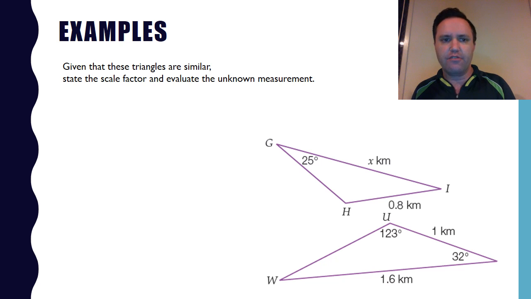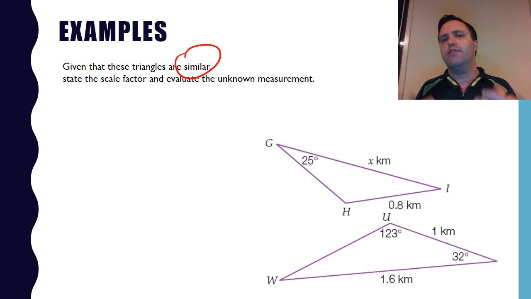Now, this one here, given that these triangles are similar, so we already know, state the scale factor and evaluate the unknown measurement. Let's have a look at this drawing here. Remember, if they're similar, the angles are going to be the same. So we already know by looking at it that this is 123 and this is 32, because we're not given these two in this one. We're given this one here, but not anything here, so this is our 25.